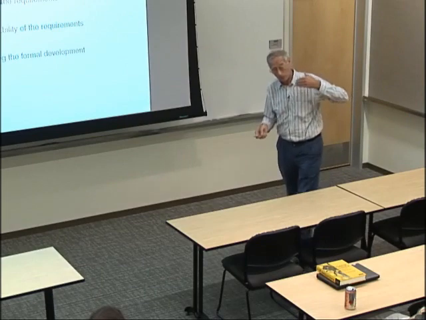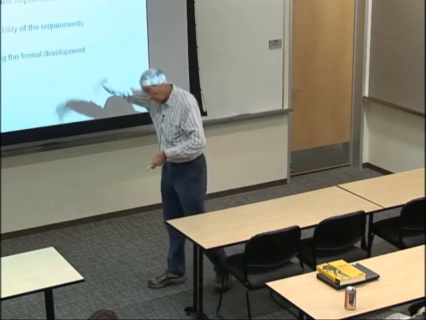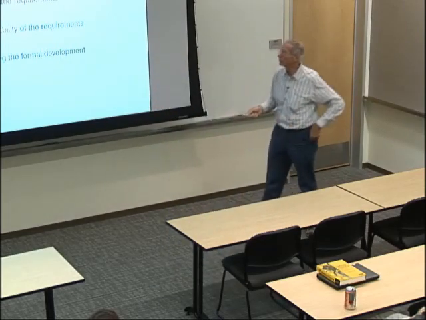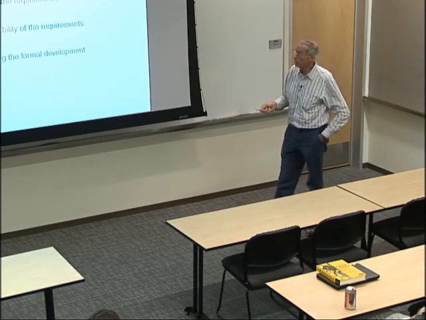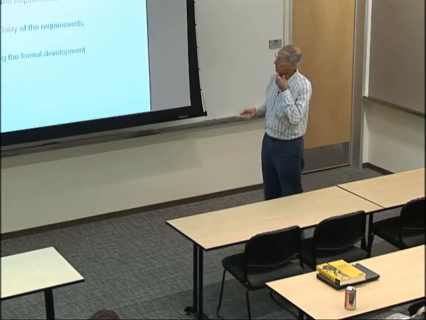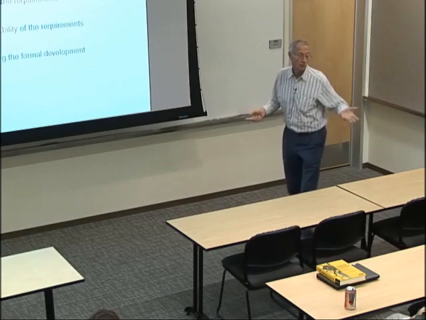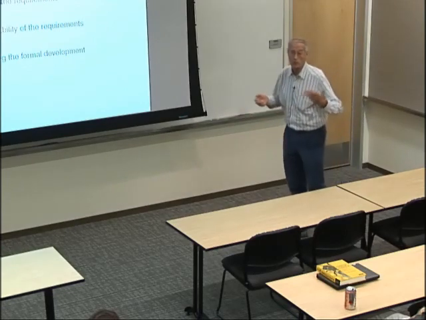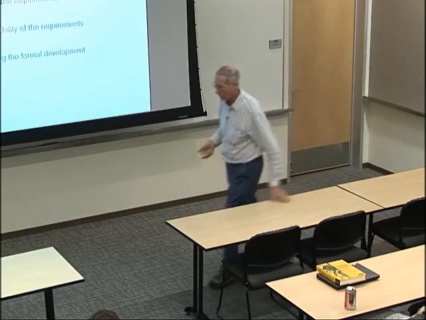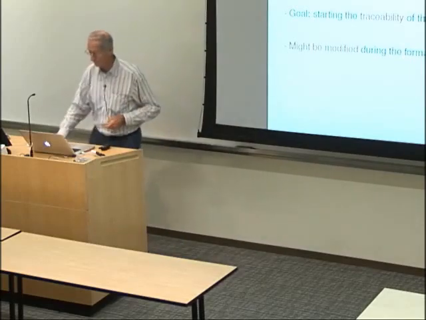At this point we have taken into account this requirement, we can tick it, and at the end we have to be sure that we have ticked all of them. It would also be possible to modify some of the requirements during the formal development, because they are not formal, and we might figure out that some of them are impossible or bad, or that we could possibly change them.